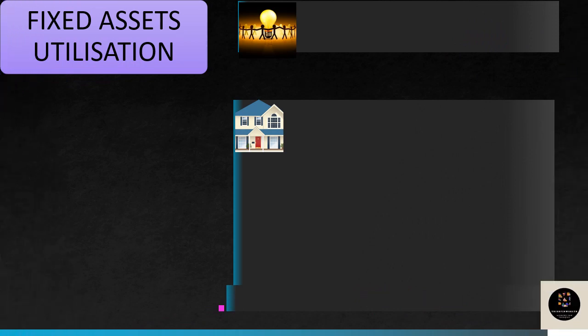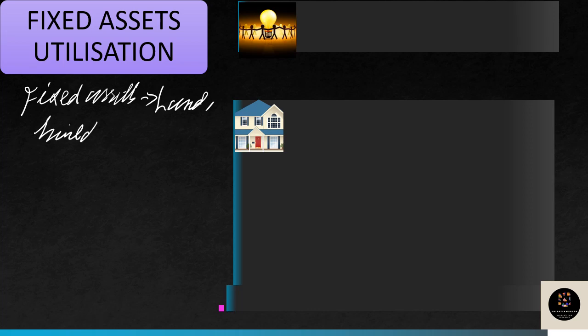So here we see fixed assets utilization. How to utilize fixed assets? We know that fixed assets are like land, building, plant, and machinery.